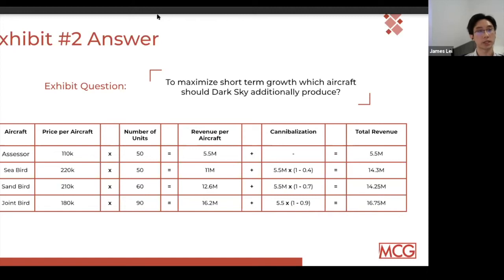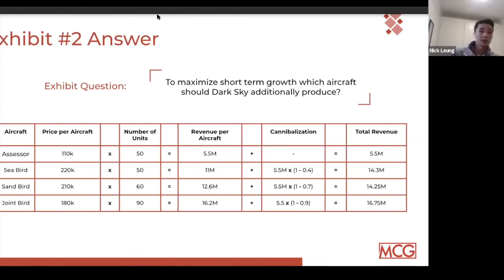Given that there's 40% cannibalization, we're really looking at a 14.3 million total potential revenue from the Seabird. I'm going to run similar calculations with the Sandbird and Jointbird, given their differing price as well as projected number of units sold. Through doing that, I know that the Sandbird likely has a projected revenue of 14.25 million, and the Jointbird has a projected revenue of 16.75 million.